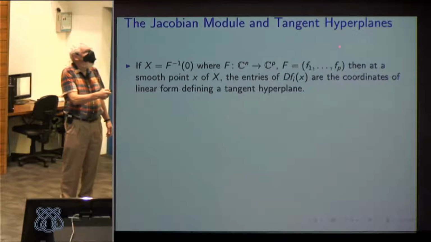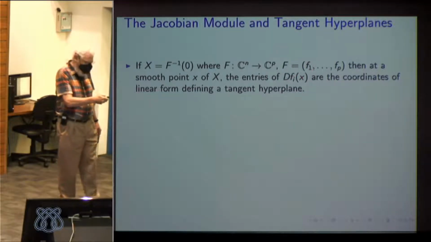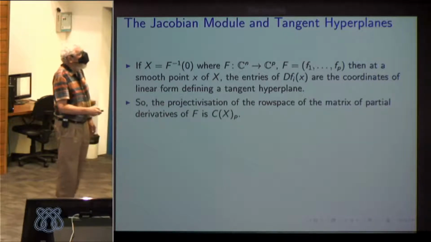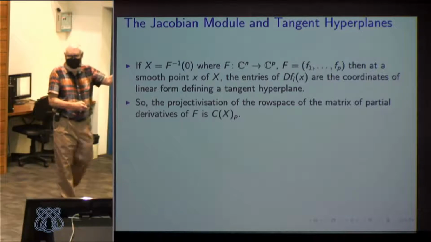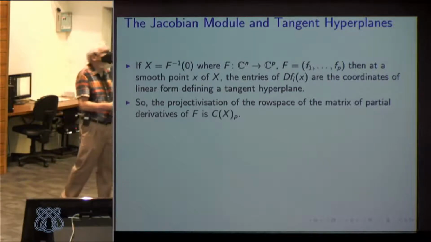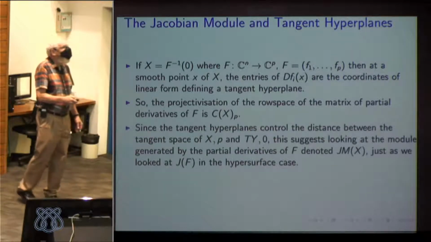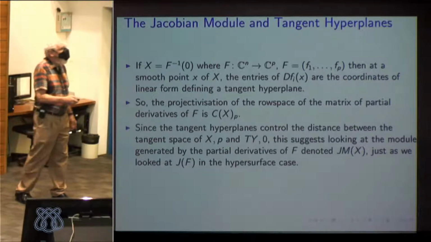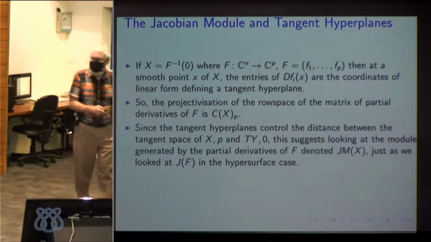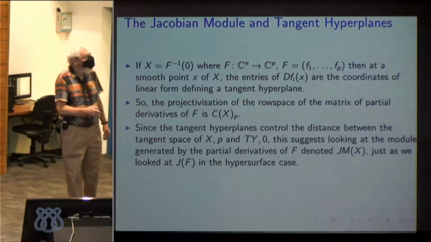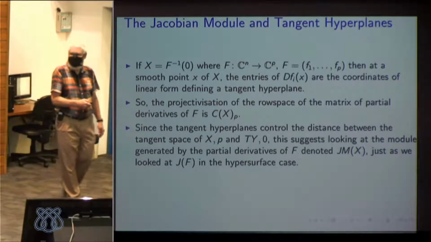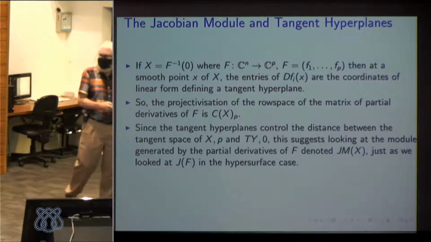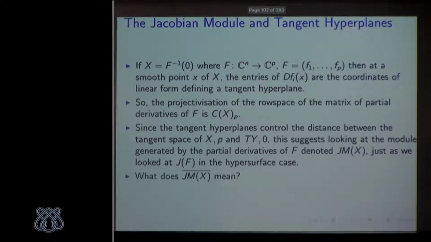All tangent vectors to x are killed by this. So the projectivization of the row space of the matrix of partial derivatives is the conormal space at a smooth point. And this suggests looking at the module of partial derivatives, because the rows of the Jacobian matrix are just going to give us a basis for the tangent hyperplanes.